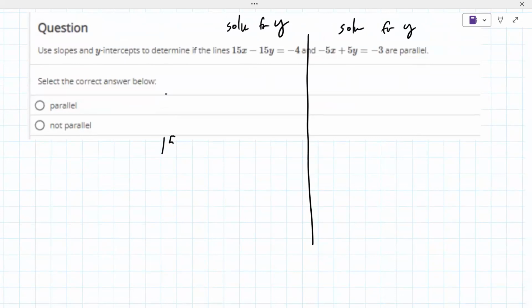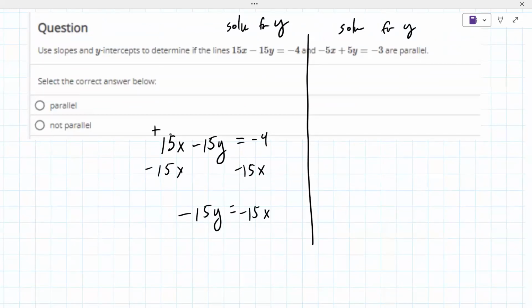So let me look at the one on the left here. So is the 15x positive or negative? Positive. It's positive. So you undo it by subtracting 15x from both sides. So you have minus 15y equals minus 15x minus 4. And you divide everything by minus 15.